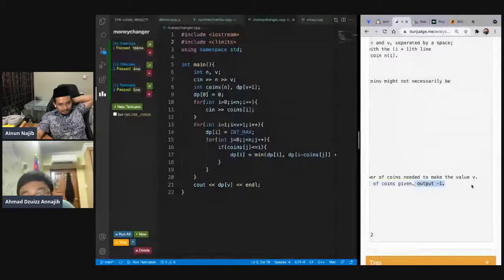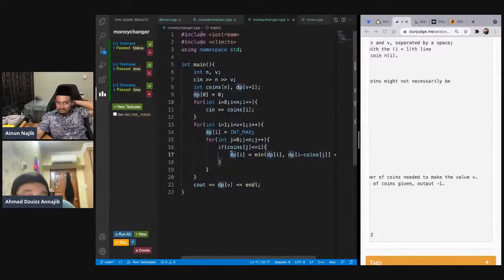So you just put that, and then how do we know the whole thing is impossible? It's a good question. What is the value of dp[V] if it is impossible? Zero? Why would it be zero?